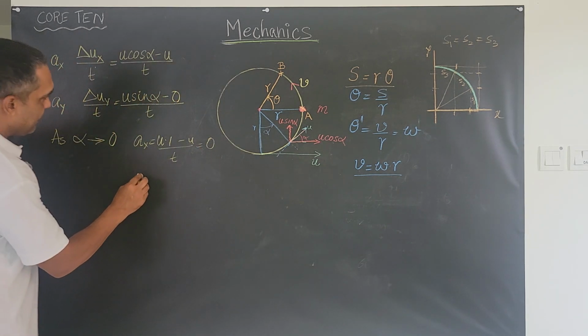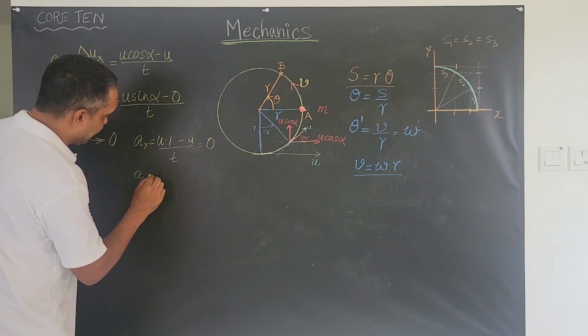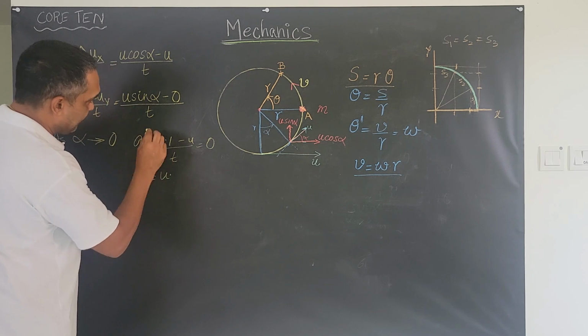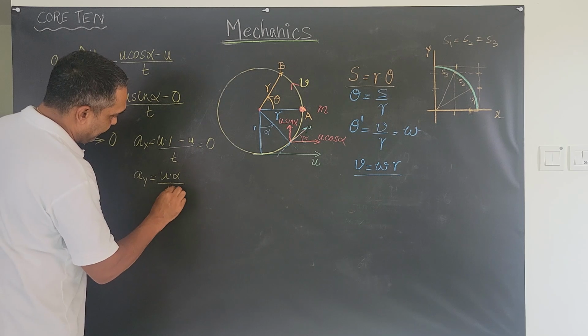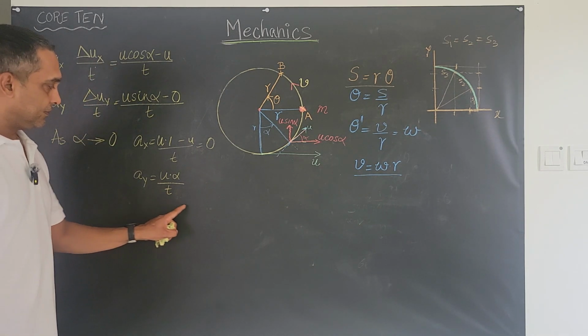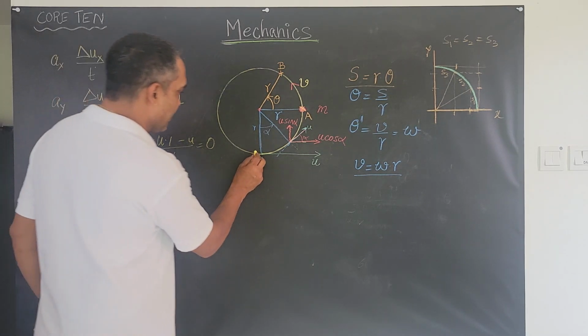With me so far? And then the acceleration component along the y-axis is u times sine alpha, which becomes u times alpha divided by t. So this is the y component.